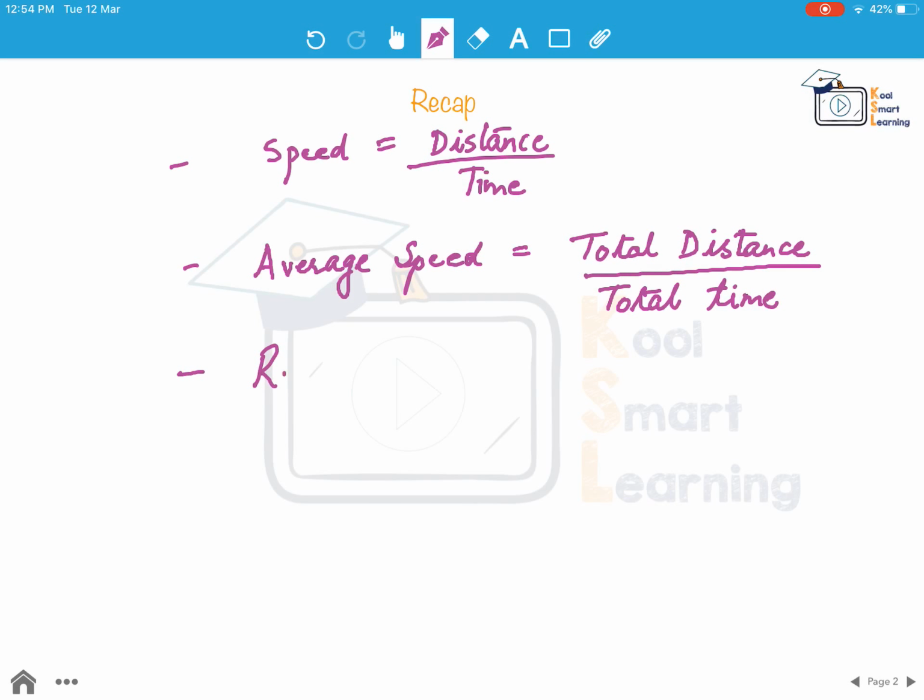Then we talked about relative speed. Relative speed is the speed of one object with respect to the other object.